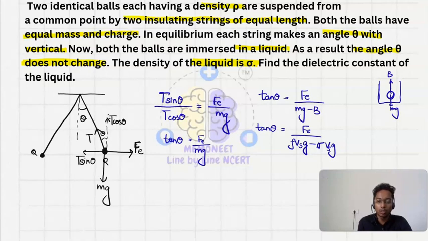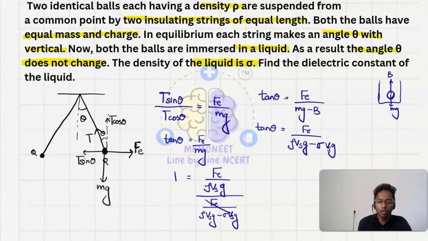Here both the thetas are the same, so 1 is equal to Fe upon mg. In place of m we can write rho into volume of solid into z, upon Fe upon rho Vs z minus sigma Vs z.